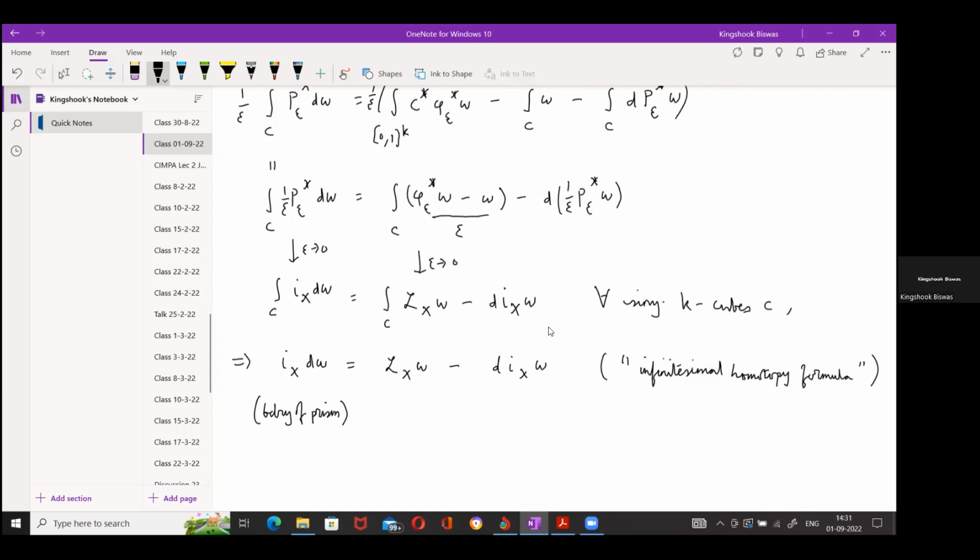This term is coming from the top minus bottom of the prism. And this term is coming from the vertical sides of the prism.